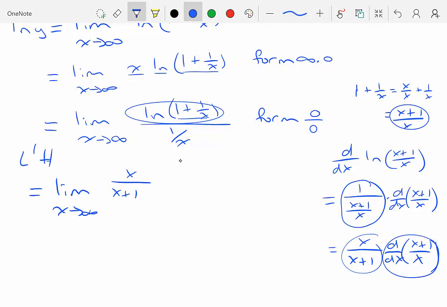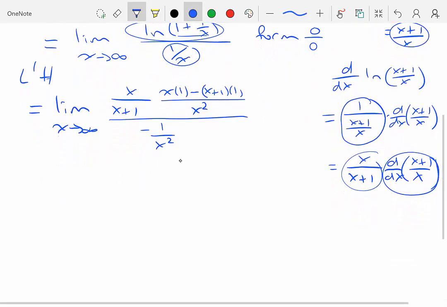That is the bottom, which is x, multiplied by the derivative of the top, which is 1, minus the top, which is x plus 1, times the derivative of the bottom, which is 1, all divided by the bottom squared. Then all of that gets divided by the derivative of 1 divided by x, which is x to the negative 1. That is negative 1 divided by x squared.